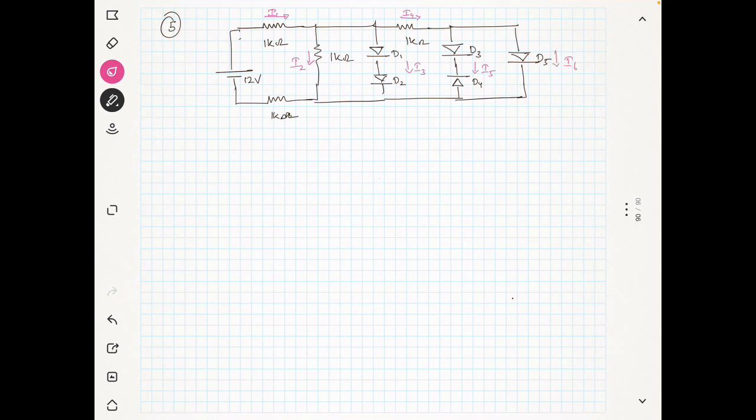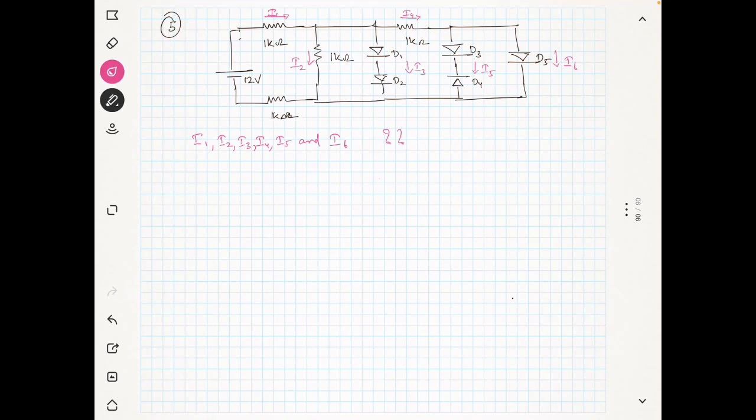So this is the question. The question is to obtain I1, I2, I3, I4, I5 and I6. How much are all these? So we will solve this problem.